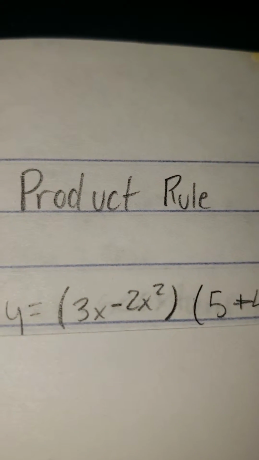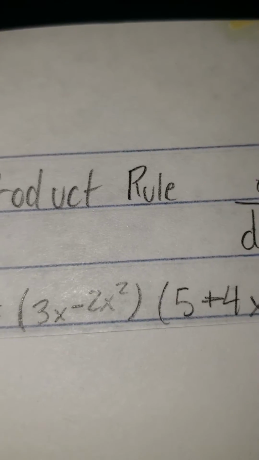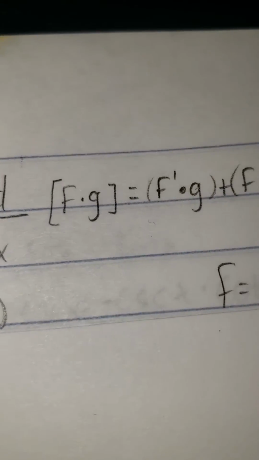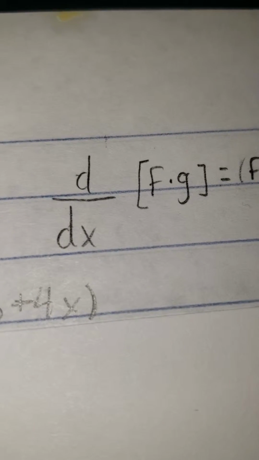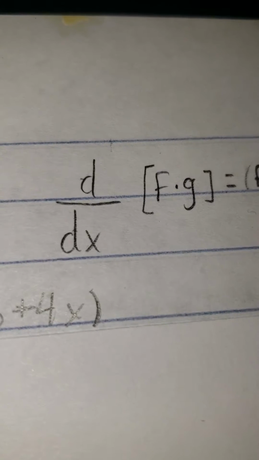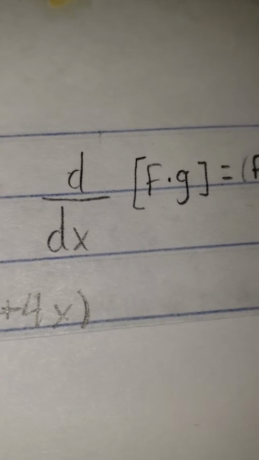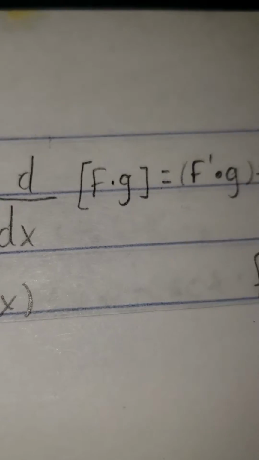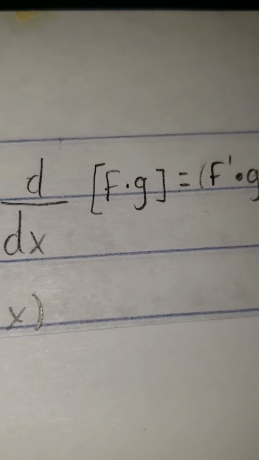Alright, so today we'll be covering the product rule for derivatives. The product rule is defined as d over dx, which can also be written as the function f of x, or y, of f times g, so two factors.